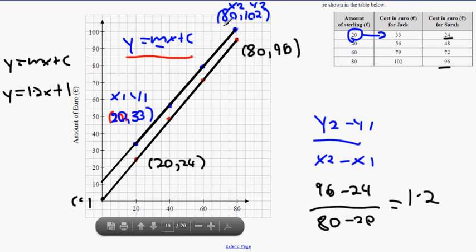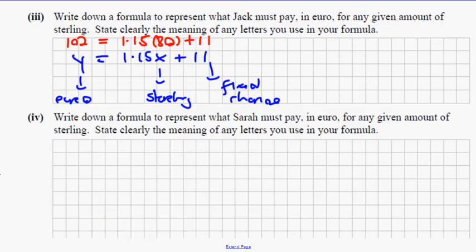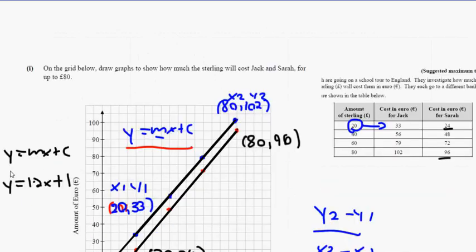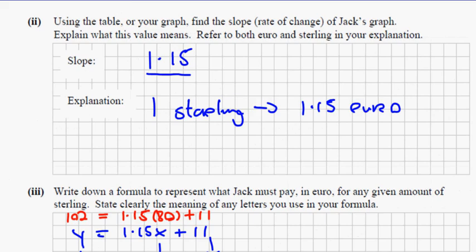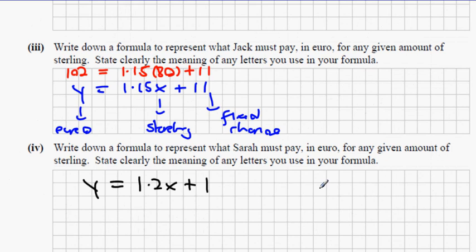So we can try checking that formula out for Sarah's one. If you look back at the last question, you can see that the answer for Sarah's one was 96 for 80, so 96 euro for 80 sterling.